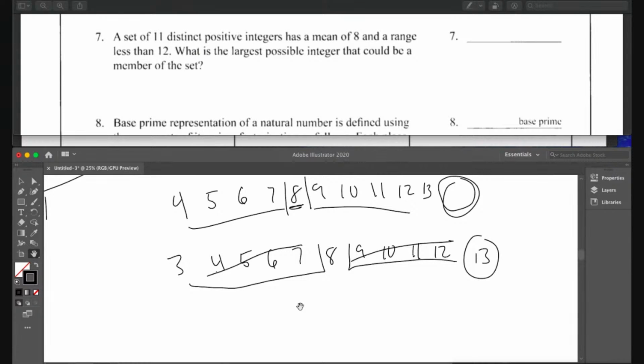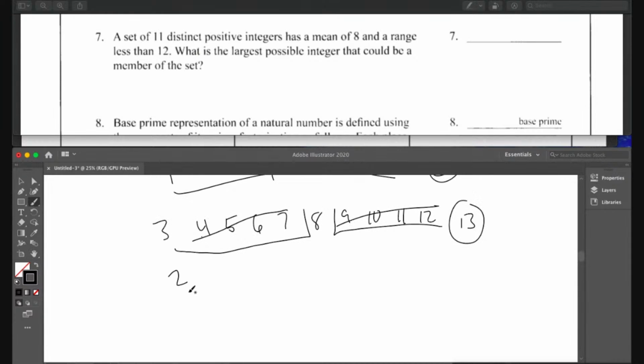So maybe you might be thinking there could be other smallest numbers that we can use that would give us an even larger number. But you can see that's not possible if you look at 2, which is the next largest smallest number. Even if we had the biggest range of 11, then our largest number can only be as large as 13. But we already found that 13 works in this case, so it doesn't really matter if 13 works in this case or not.